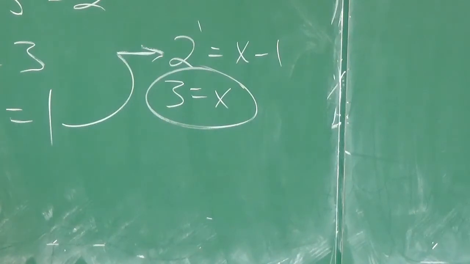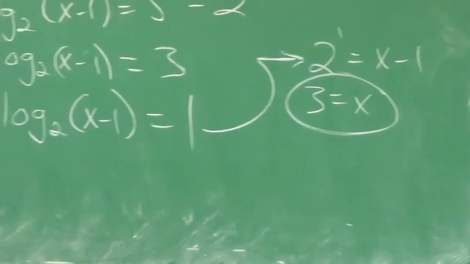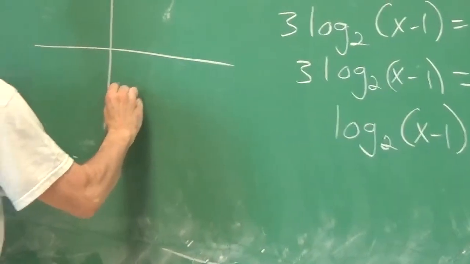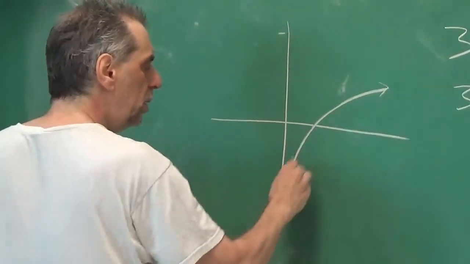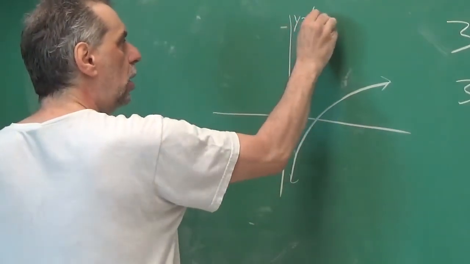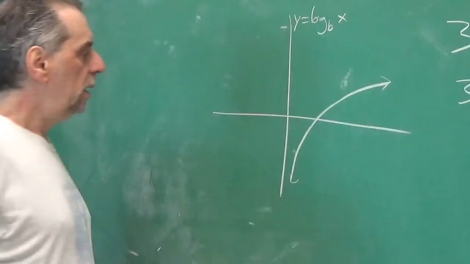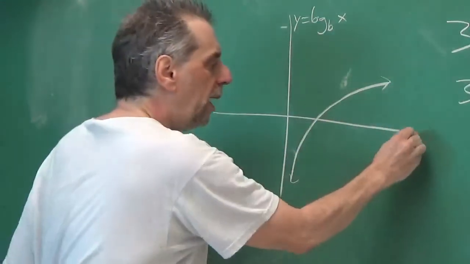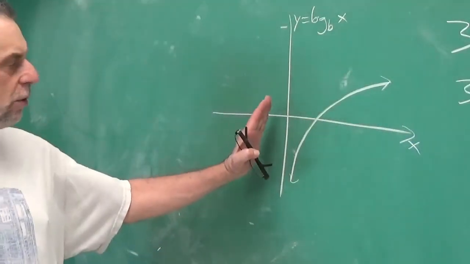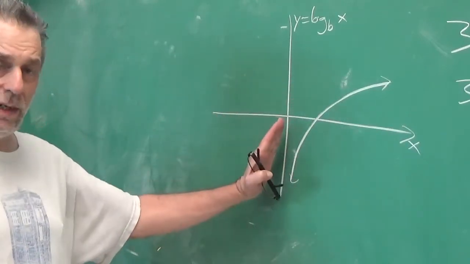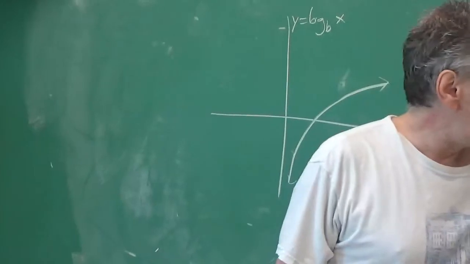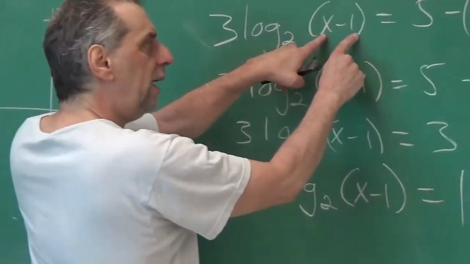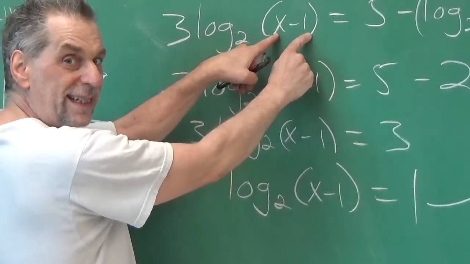Now, something I haven't mentioned here: for logarithms, if you recall, we said the domain was only positive values. When we have a log function like this, the domain is only positive; 0 is not included either. So you have to check these answers and make sure that this value is not 0 or less than 0.